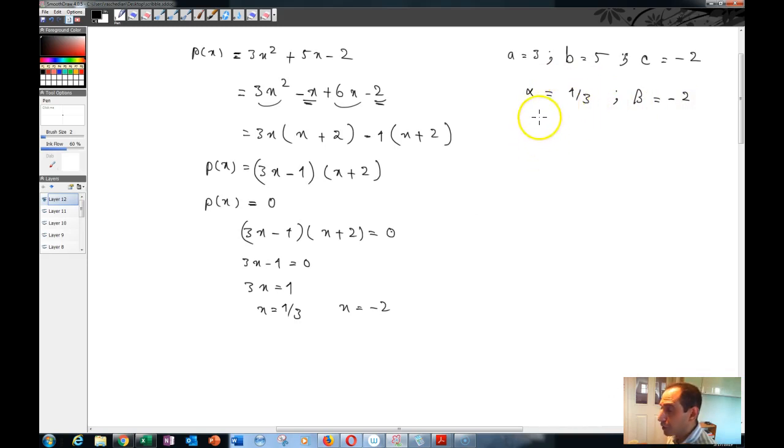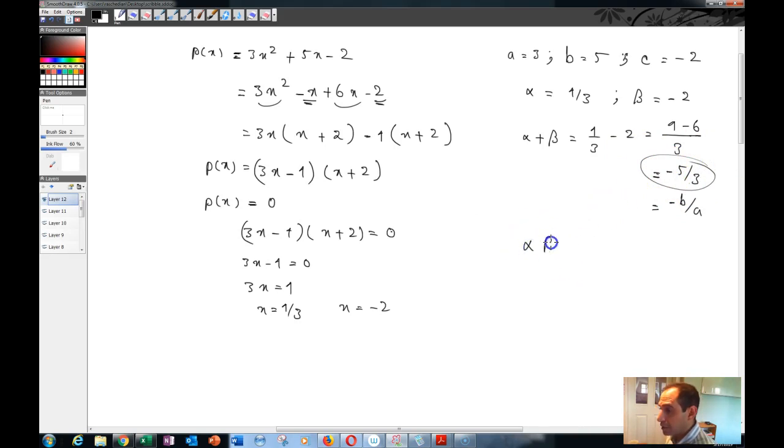So alpha plus beta is equal to 1/3 minus 2, which is 1 minus 6 over 3, so that's negative 5/3. And that's equal to negative b by a, because b is 5 and a is 3, so negative b by a would be negative 5/3, and that's exactly what I've gotten here.